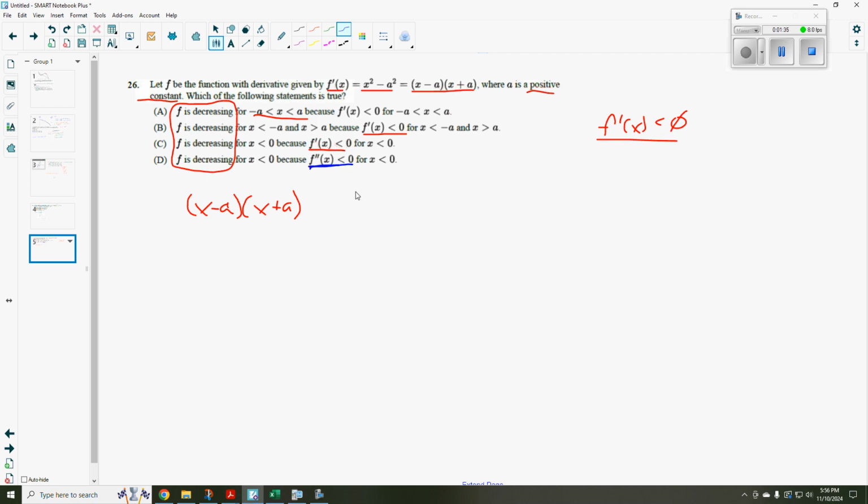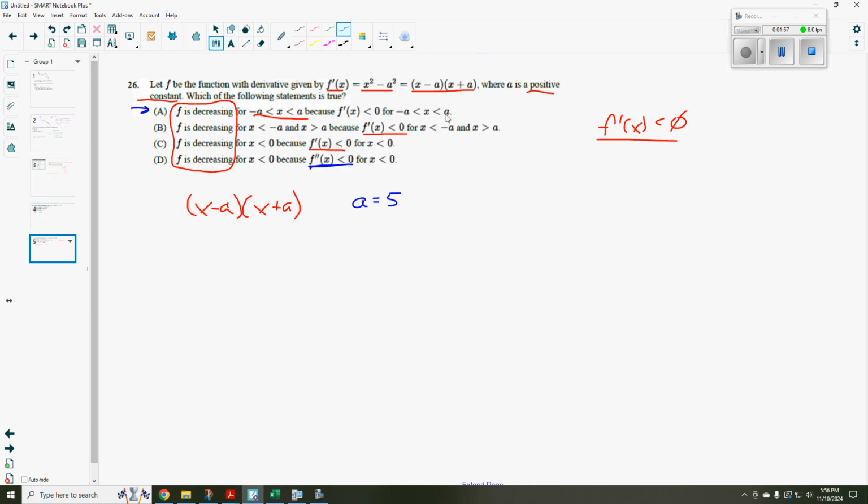What I did was I just let a equal a positive constant, and I said 5. When I did that for part A, x is greater than negative a but less than a.